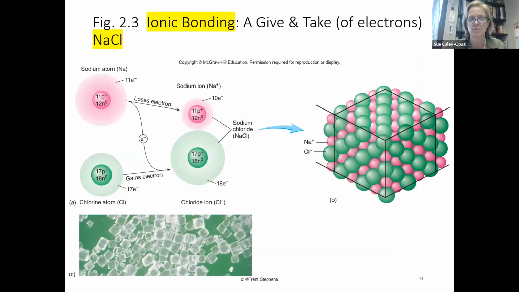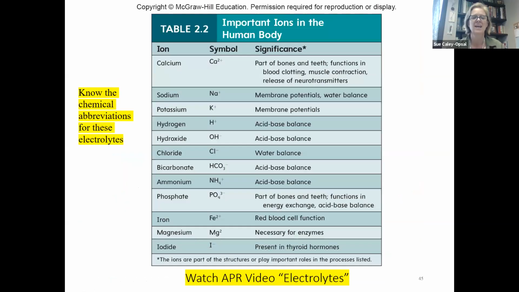So here's more ionic bonding, kind of explaining that. What you need to know about table 2.2 for chemistry chapters is just the abbreviations of these major chemicals: calcium, sodium, potassium, hydrogen. Hydroxide is OH with a net negative charge. Chloride is Cl minus. So these are the electrolytes that are important in the human body.